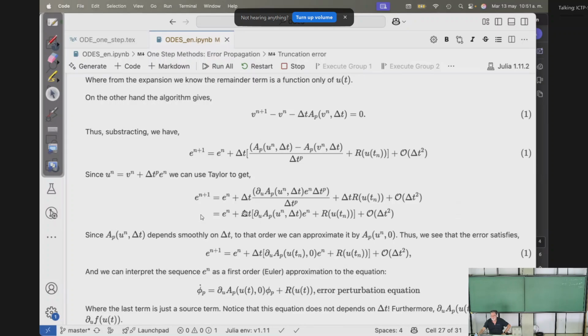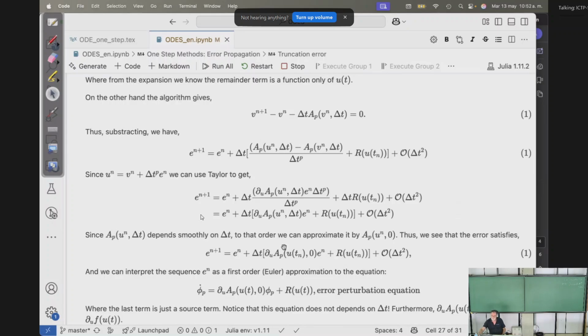Because we already have a delta t here, so if we do Taylor expansion around delta t, there will be one term which is 0 here, and the next term will be delta t squared, so we can put it here in the error. So what we get is this is equivalent to this relation, where we have here delta t equal to 0.